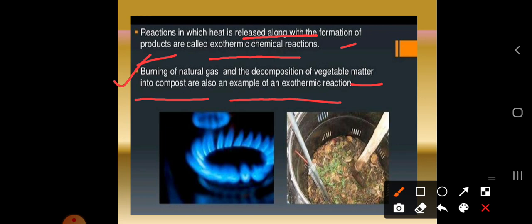After burning natural gas, you can find heat or energy. It is another example of an exothermic chemical reaction.